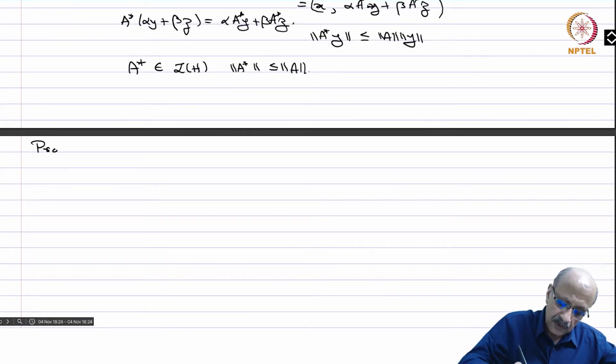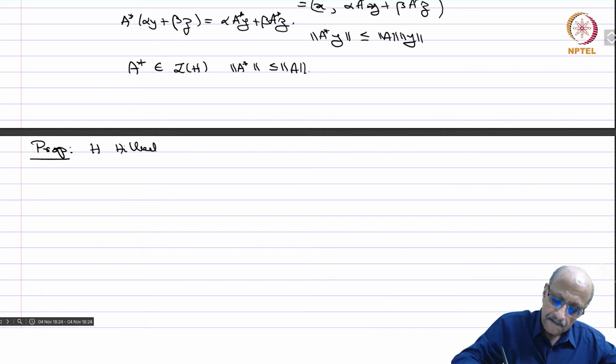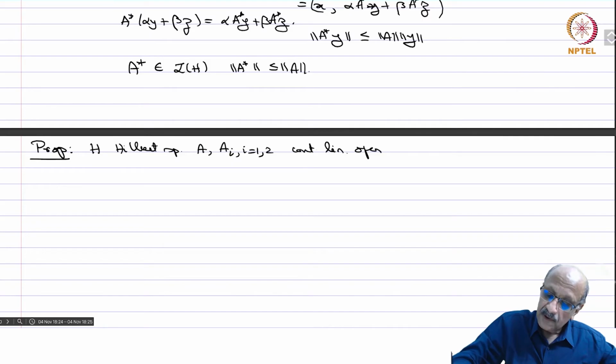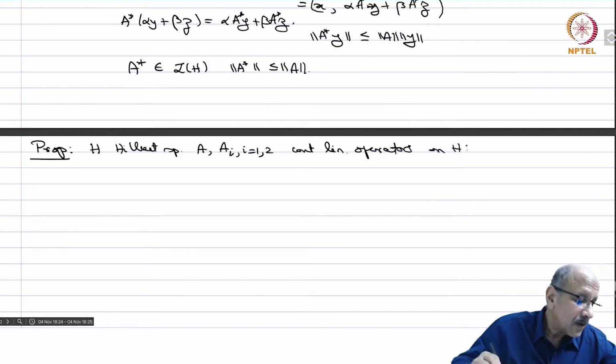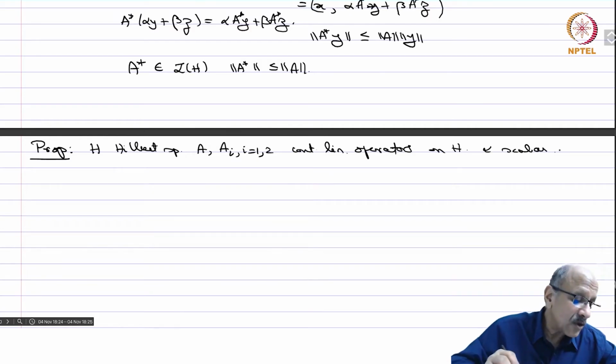Proposition. Let H be Hilbert and A and A_i, i equals 1, 2, be continuous linear operators on H, and alpha a scalar, generally complex.